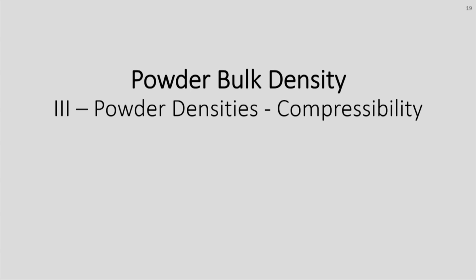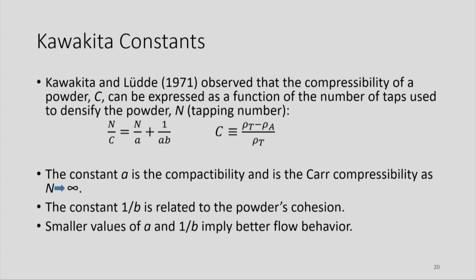Okay, so we'll talk about compressibility and compacted bulk density. Before going into it, it's very related to the bulk and tap density. This equation you might see in powder papers a lot, the Kawakita and Lude paper.